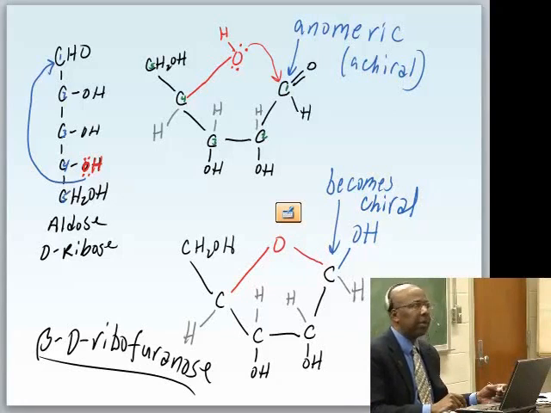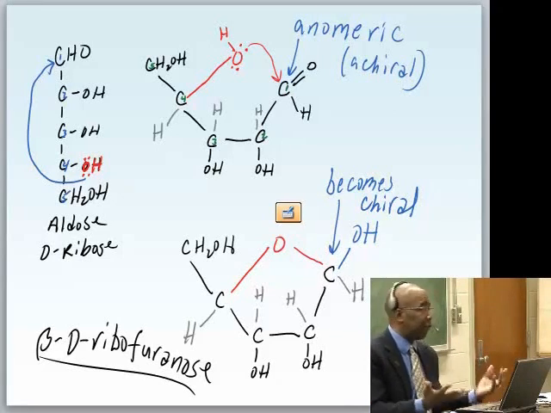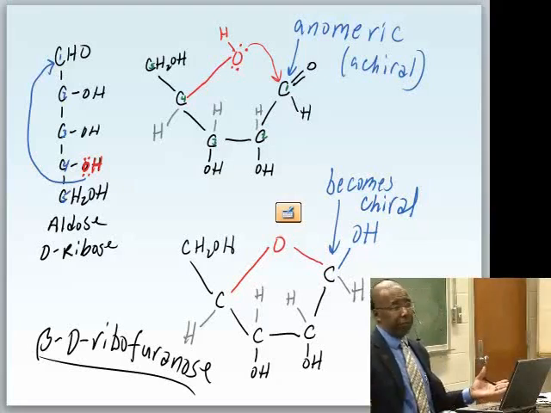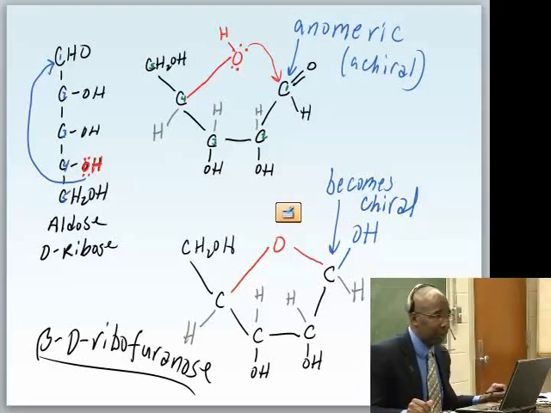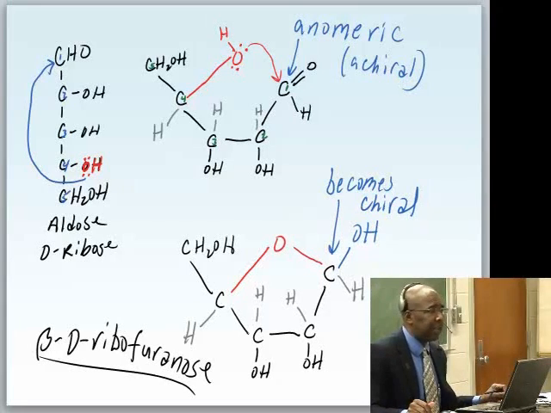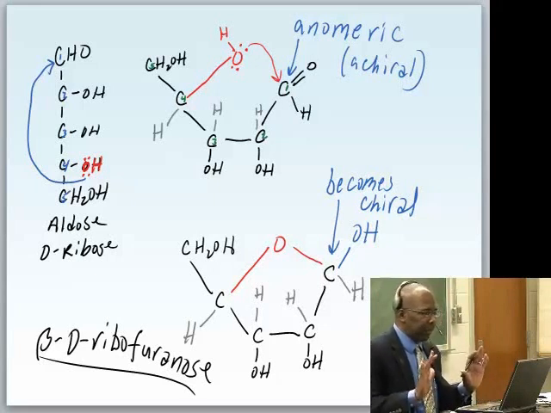Only on the anomeric carbon. Exactly. Only the anomeric carbon determines alpha or beta. If any of the other OHs change, you have a different molecule. It's no longer ribose. If any of the other chiral centers change, it's not ribose anymore. Everyone okay with that? Okay.